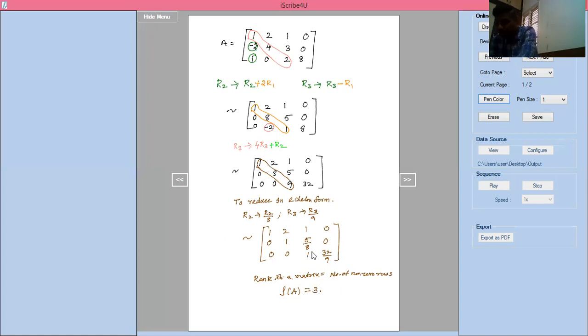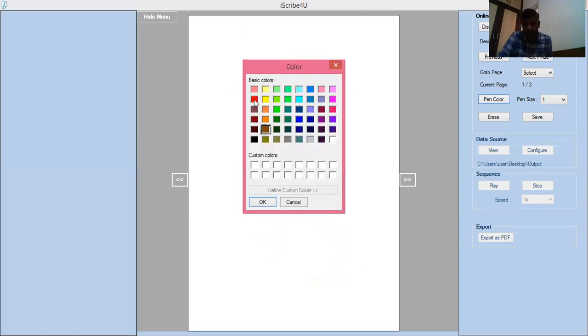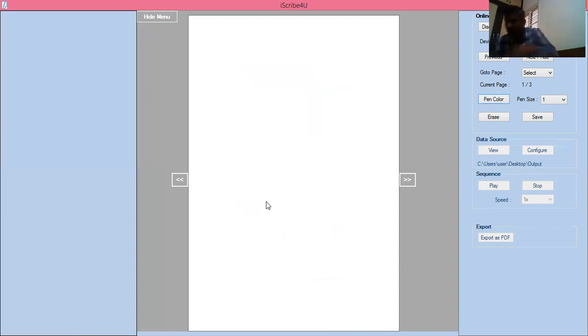Right. Reduce the following matrix. Next question. Reduce the following matrix.